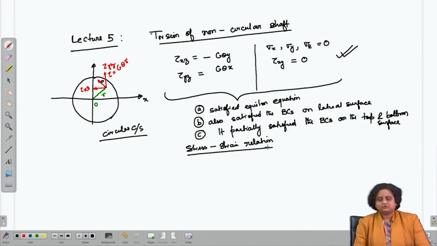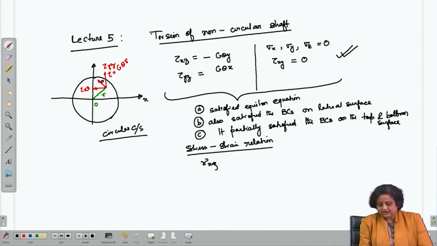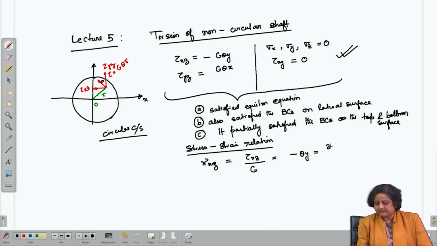So, using the stress strain relation, we can obtain that the shear strain gamma xz would be tau xz by the shear modulus G, and that would be minus theta y. Again, gamma xz is del u by del z plus del w by del x. This is coming from the strain displacement relation.